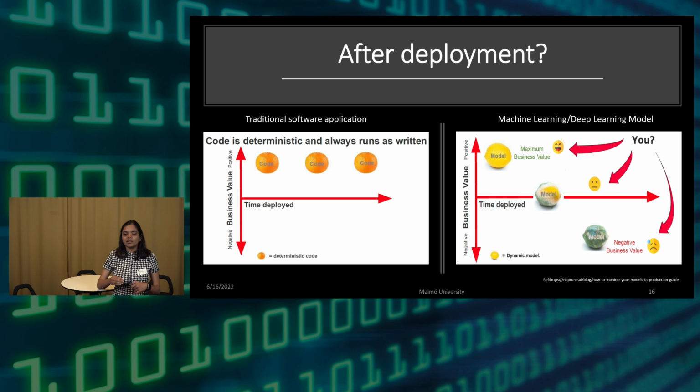The model is very good before deploying it to production, so you can expect maximum business value, like positive business value. But when time passes, the model performance degrades, and due to customer behavior changes and other factors, you may end up with a negative business value, but that is not expected, we do not want that.